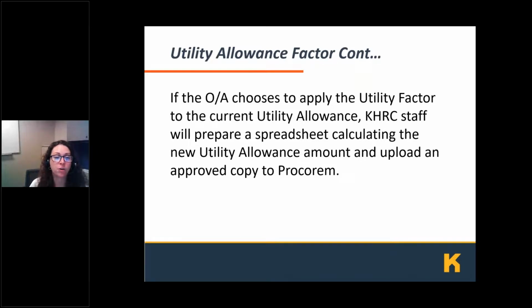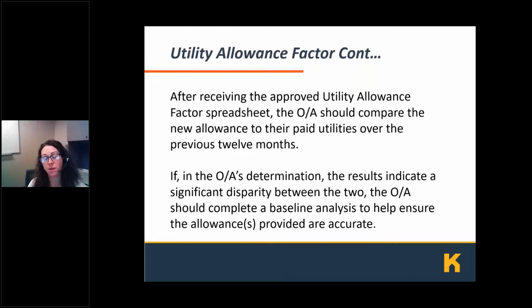All right, so after you receive that from us, this factor adjustment, you will want to look at it. Don't just take it and then move on. You'll want to look at it. And as I've said, this utility allowance is really important to your tenants. We want to make sure it's accurate.